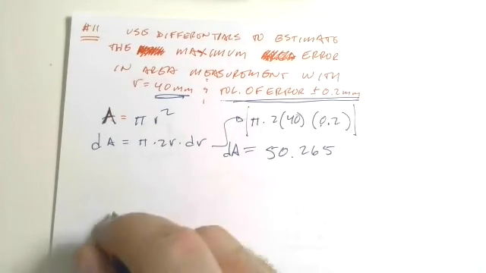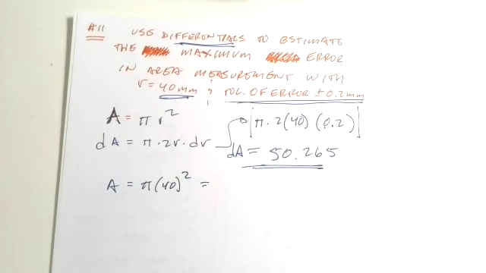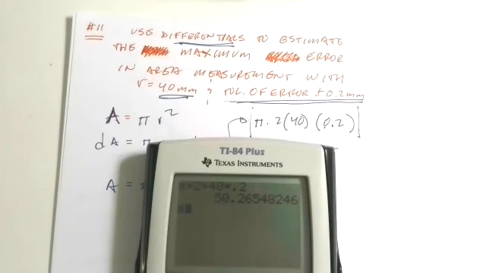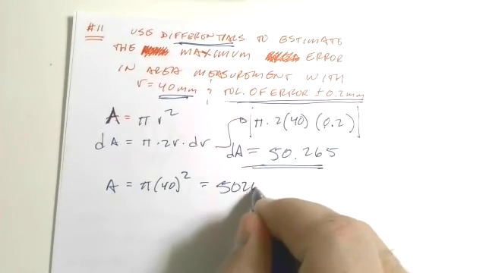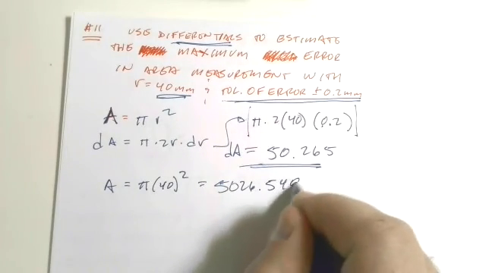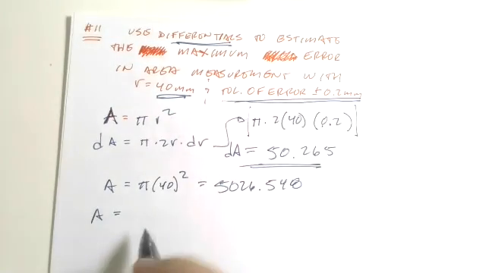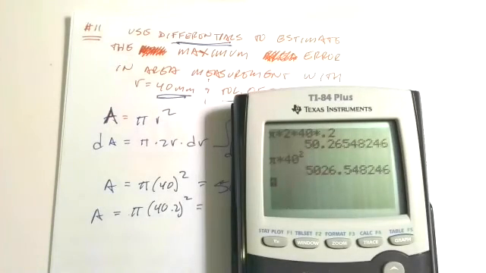All right. You can do this the long way if you want. That's the correct answer because it says use differentials. But you say the actual area is pi times 40 squared, which is 5,026.5. I'm just ballparking this for now. Well, no, I said I'll do it right. 5026.548. And the area when we screw up and make it 0.2 bigger is pi times 40.2 squared.